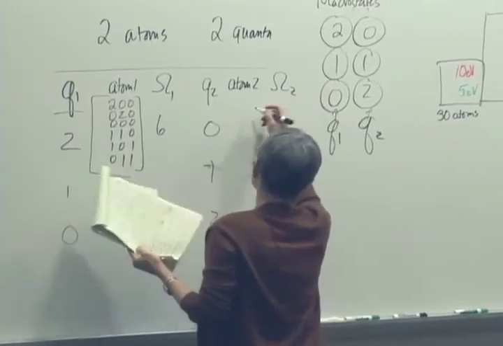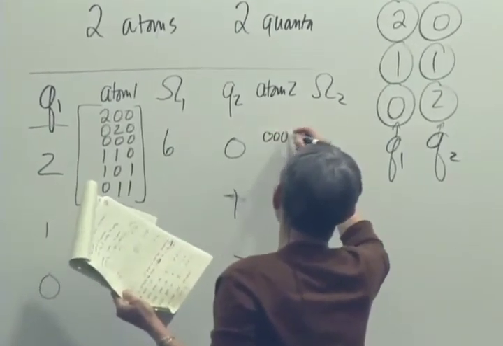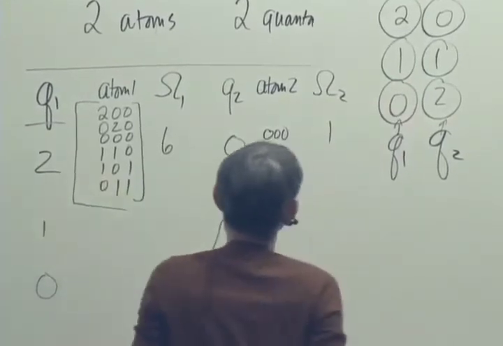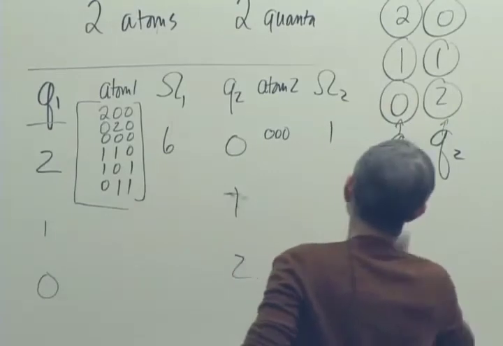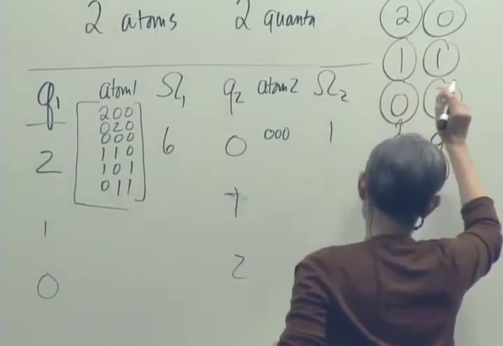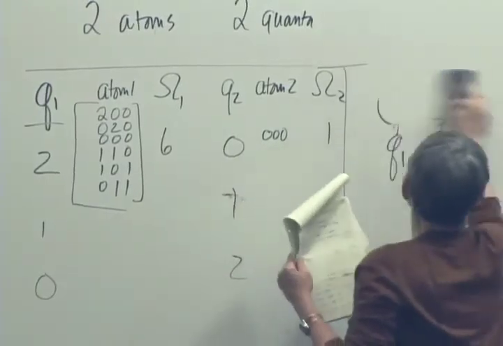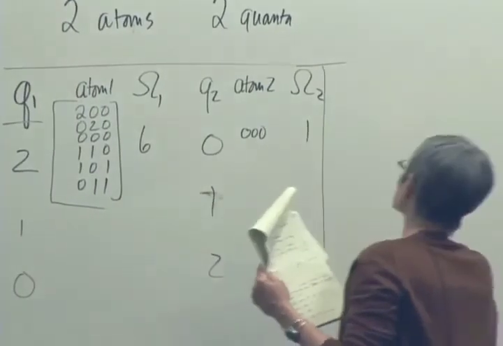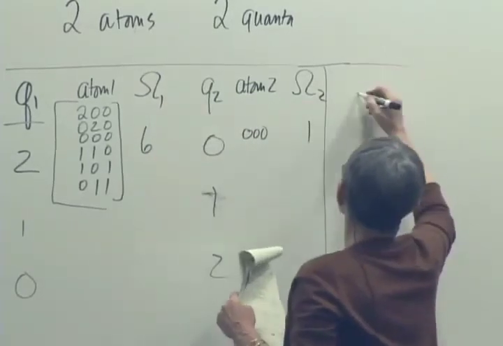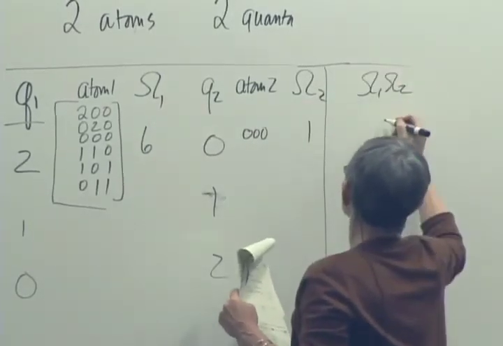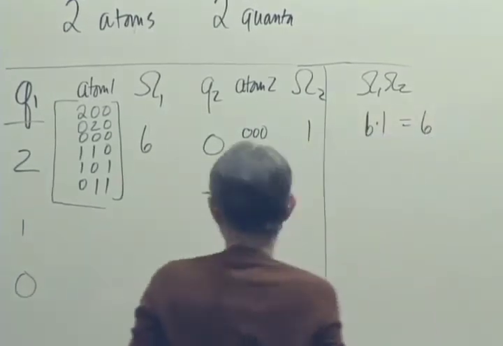There was really only one way of arranging 0 quanta there, and so the total number of microstates corresponding to this macrostate was omega 1 times omega 2, and that was 6 times 1, which is 6.